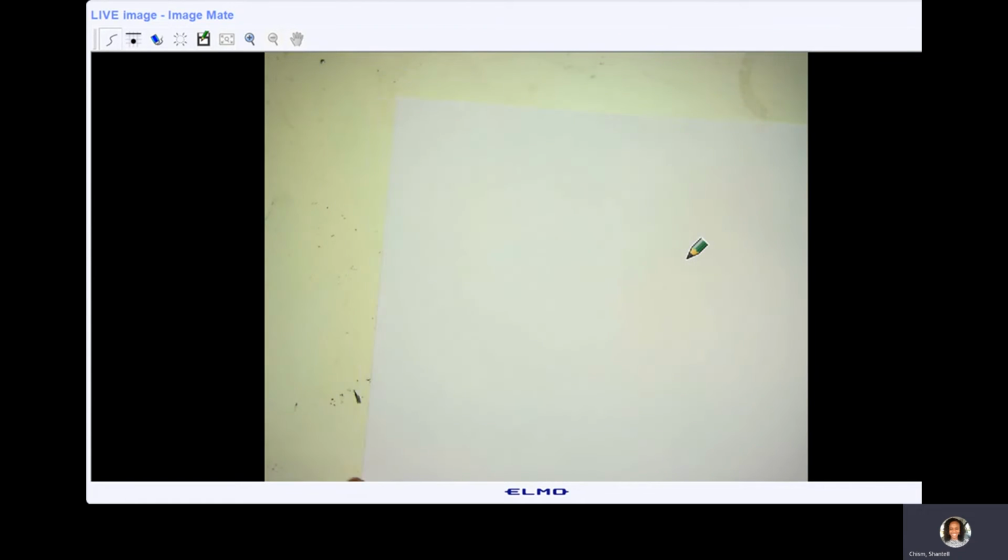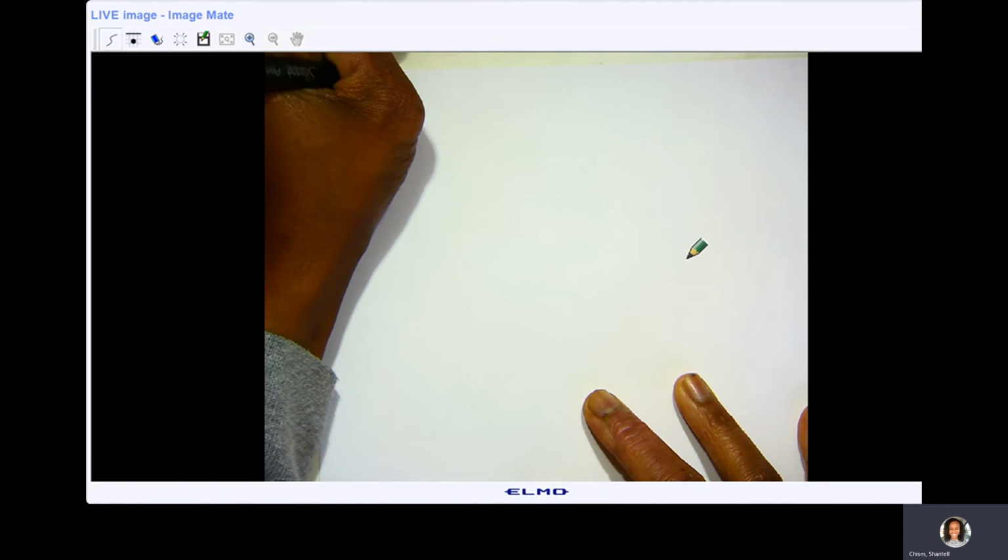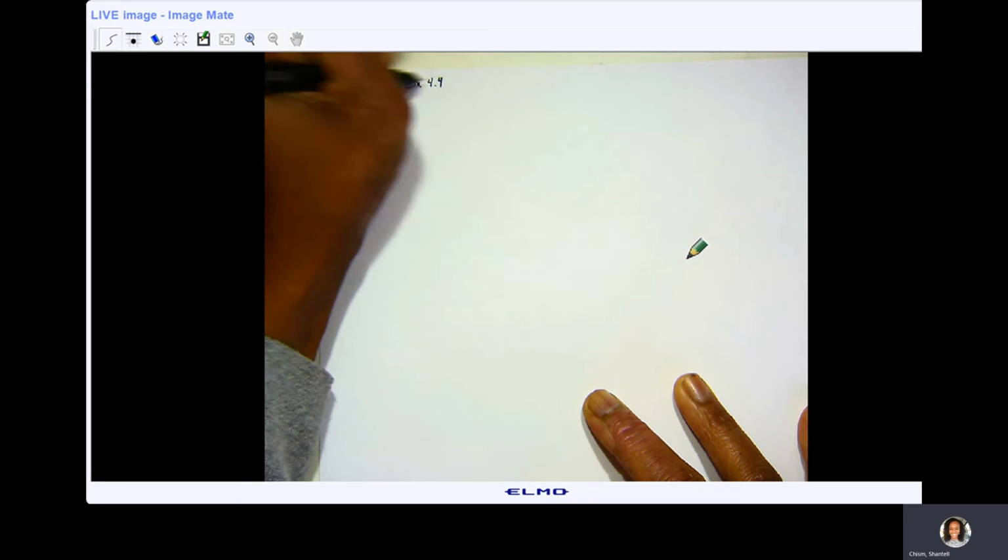So instead of doing this example, I am going to replace it with example number 6 from the homework, from section 4.4.